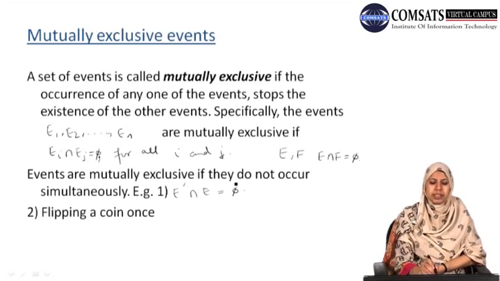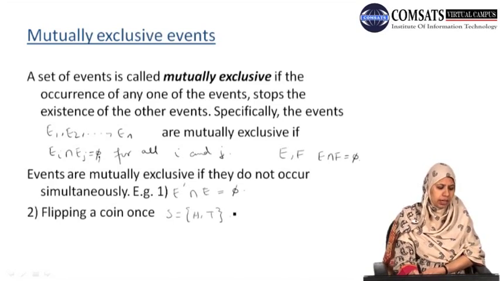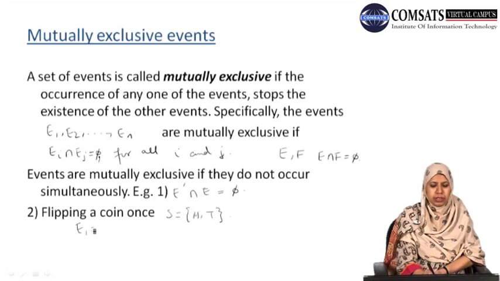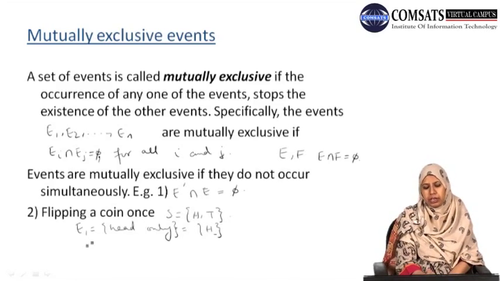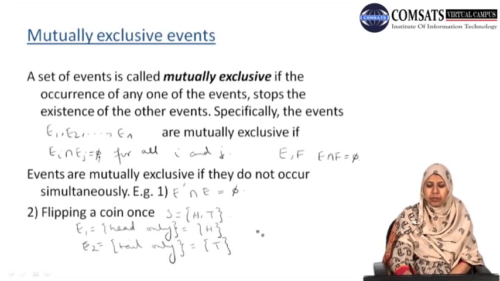Okay, if we consider the example of flipping a coin once, then our sample space contains 2 points, head and tail. If we define our event E1 as head only, then this is our event containing the sample point H, and if we define our event E2 as tail only, then this will be our event containing the sample point T. And what will be the intersection of these two events?